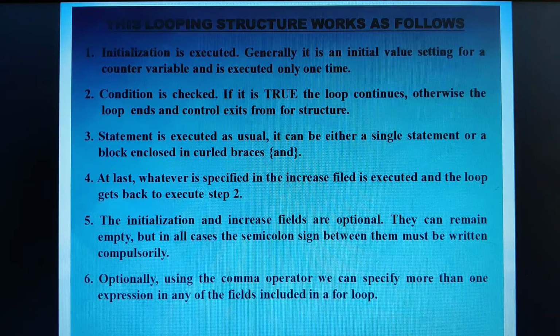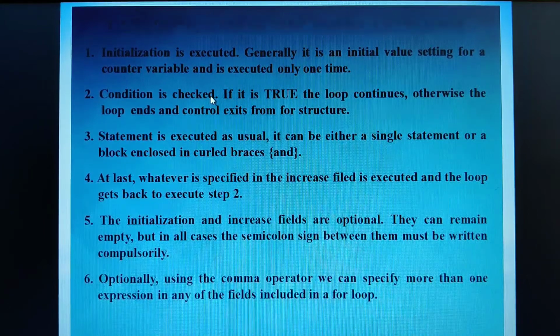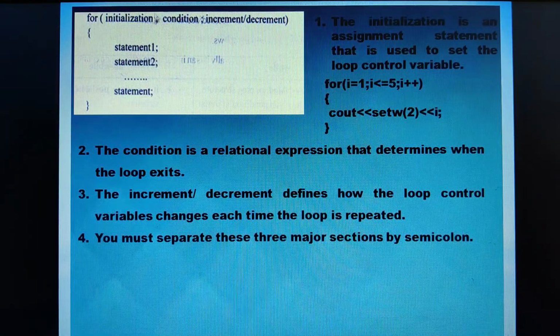Very important this is. Usually the initialization is executed only once. Now let me explain this one. As I said, these are the 3 parts. This initialization is executed only once, and the i value will be set to 1. It's not every time. This initial value for the counter variable is executed only one time.